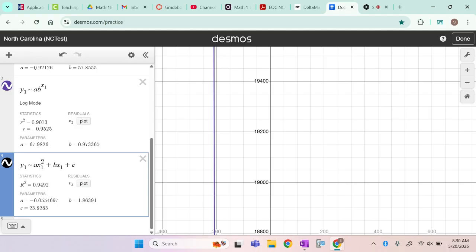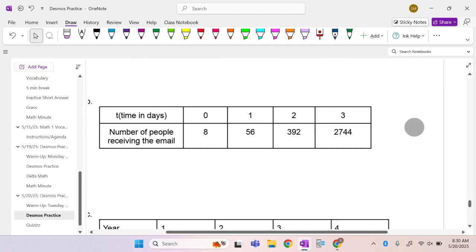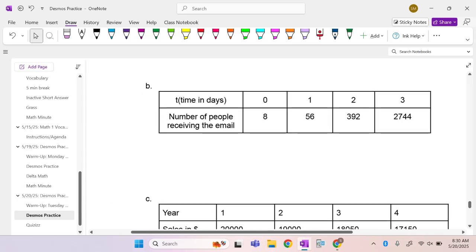All right, guys, let's go ahead and go over these. So I'm going to draw popsicle sticks. Of course, the first one I draw is Neely, and she's not here. Olivia, what is the best fit function for letter B?